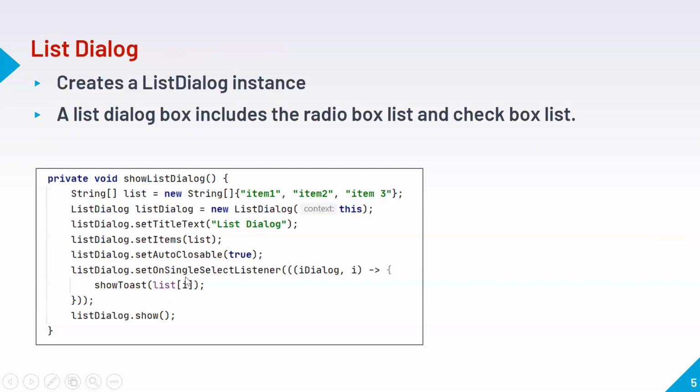On click of a particular item inside the list, you can have your own customization. I'm just showing a toast with the item that has been clicked. Again, after you have created the instance, you will have to use dot show to actually display the dialog. This one is for a radio.